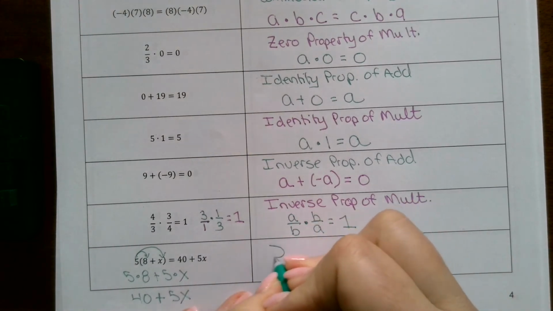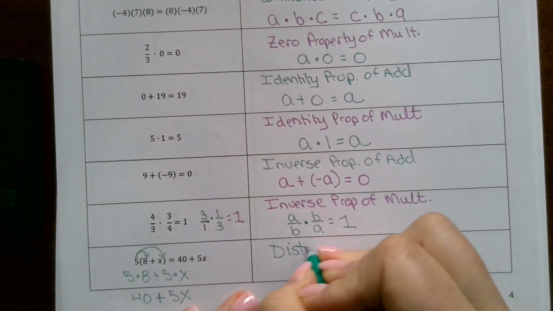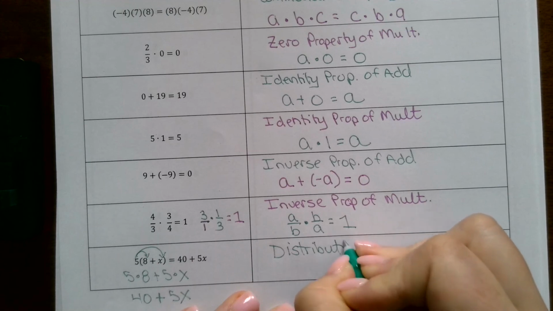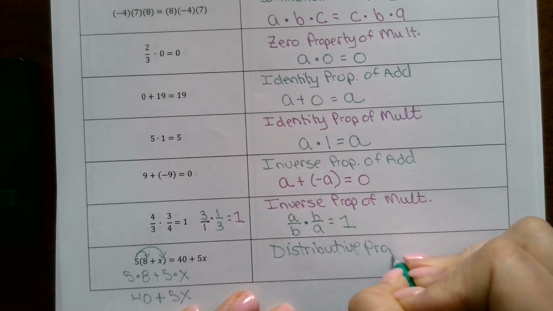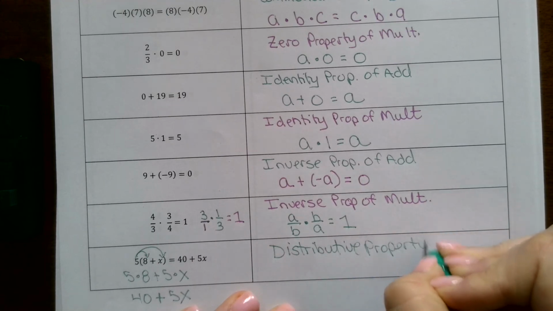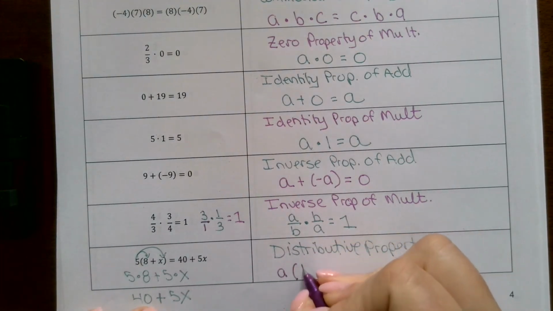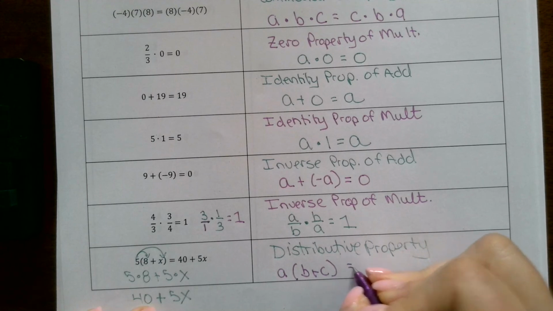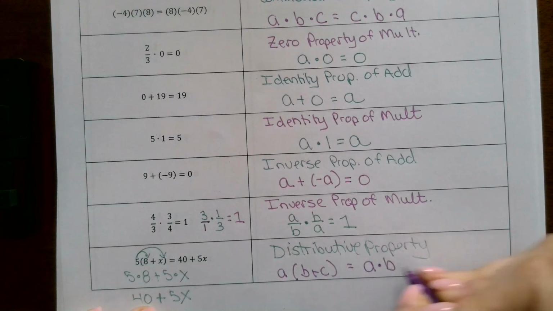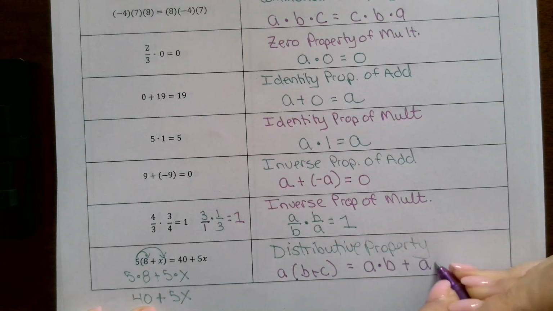So I just have to write distributive property now. And that says that A times (B plus C) will always equal A times B plus A times C.